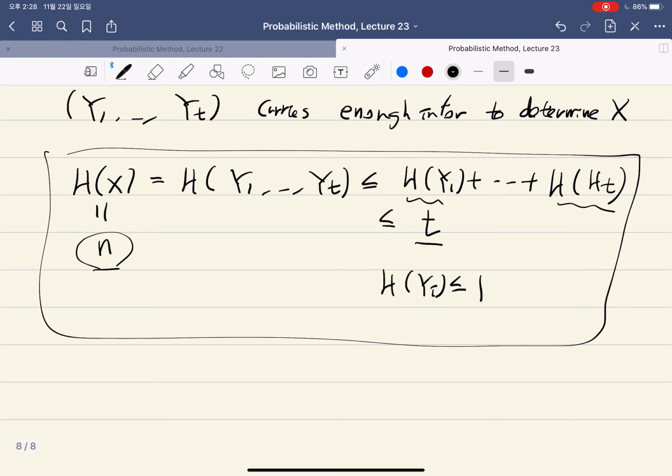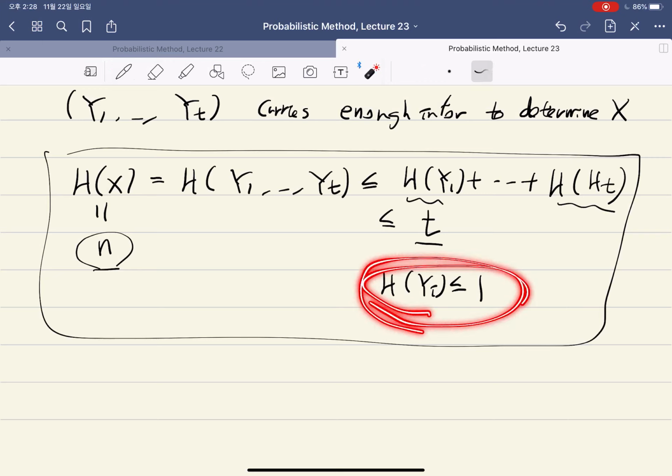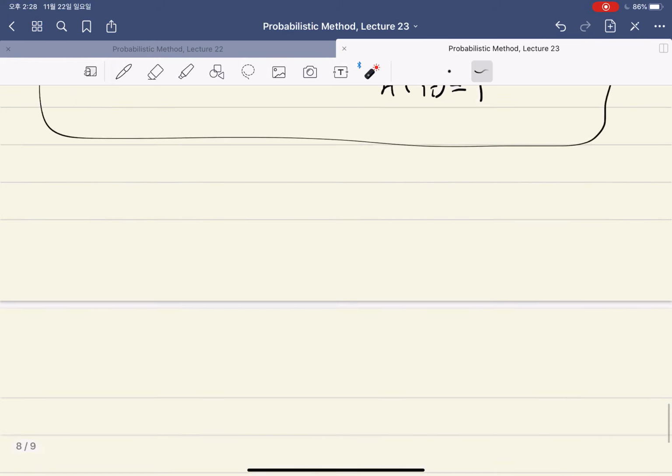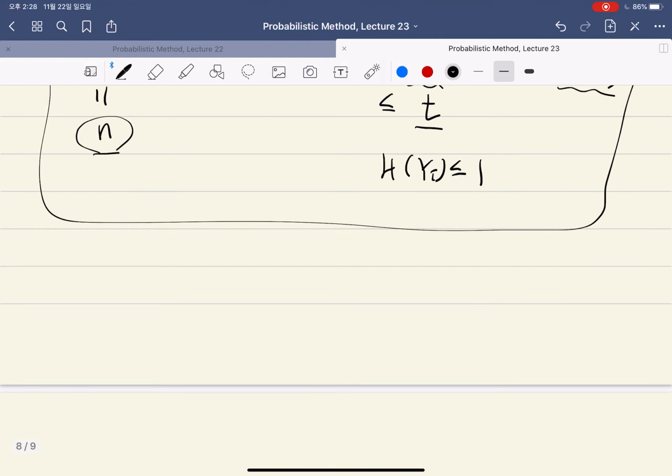For this, there are several things we have to do. First is that we have to be able to say this H of Y_i is at most 1. In other words, Y_i is taking values from 0 or 1.